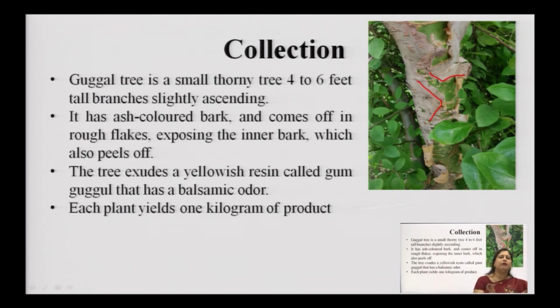So, internal green will again become ash colored and it will get removed. The tree itself starts exuding this Guggul, which is a yellowish color resin. It has a balsamic odor, and each plant yields about 1 kg of the product, and it is also very expensive.